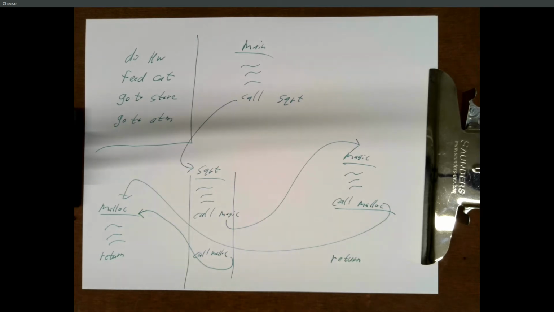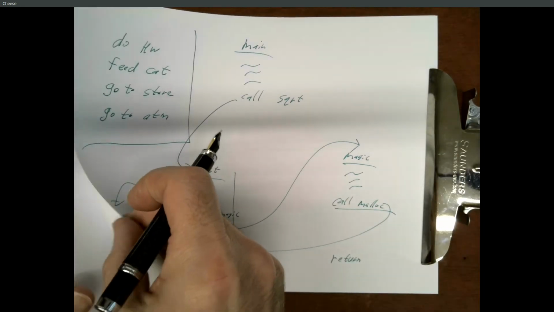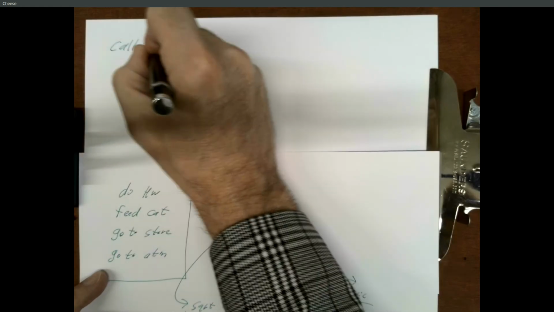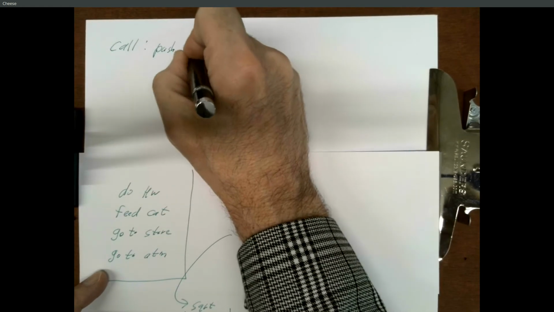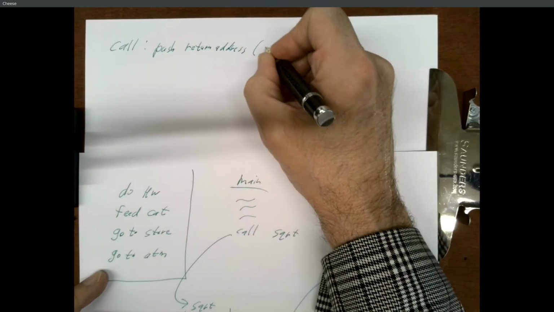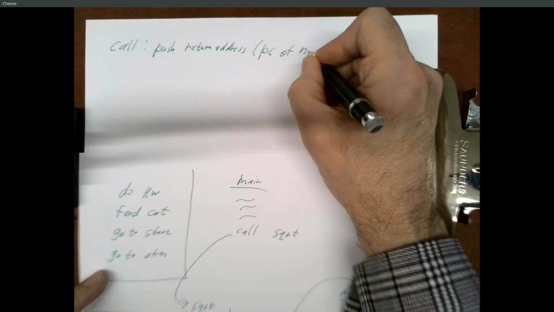Basically, when you call, you save the return address on the stack. So when you call, push the return address, which is the address of the next instruction.